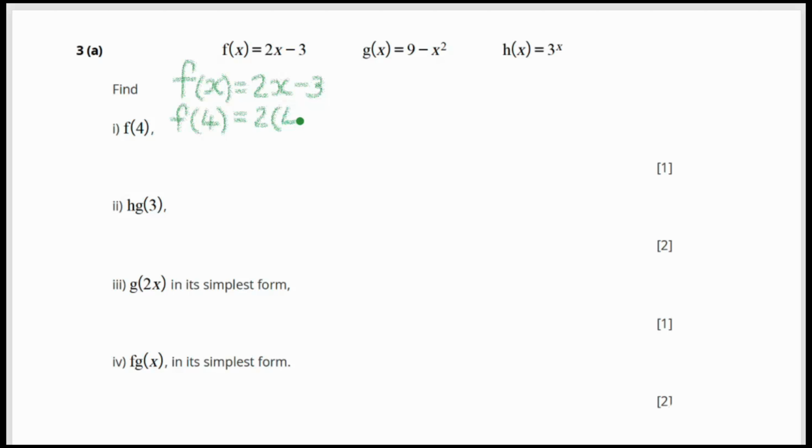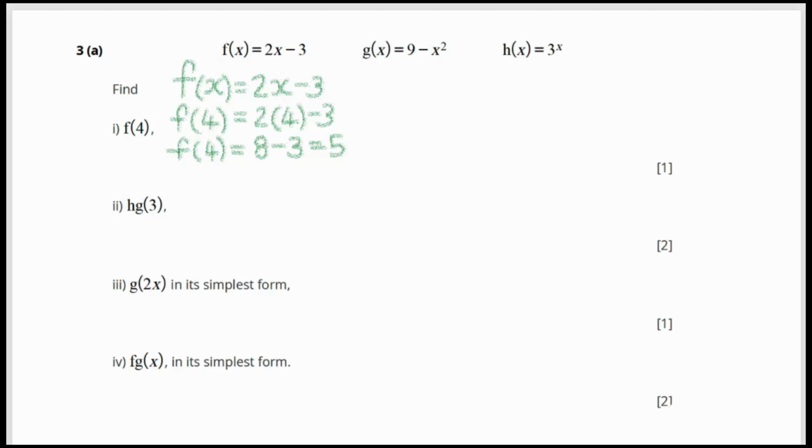So instead of writing x, we write 4 and we subtract 3. What is 2 times 4? 2 times 4 is equal to 8. What is 8 minus 3? That is equal to 5. So that means f of 4 is equal to 5.